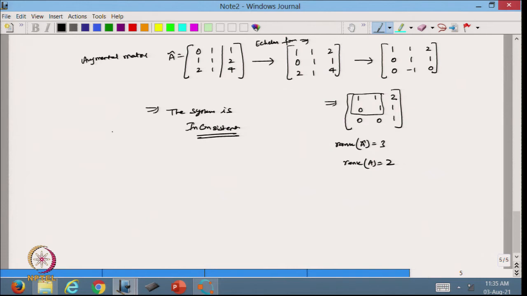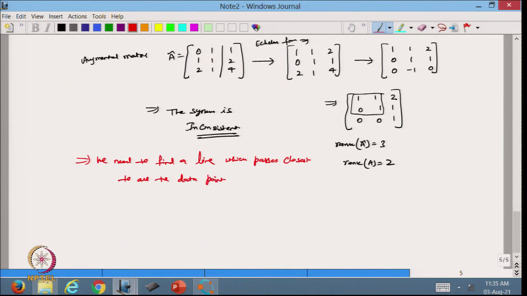So, now our next step is we need to find a line which passes closest to all the data points.